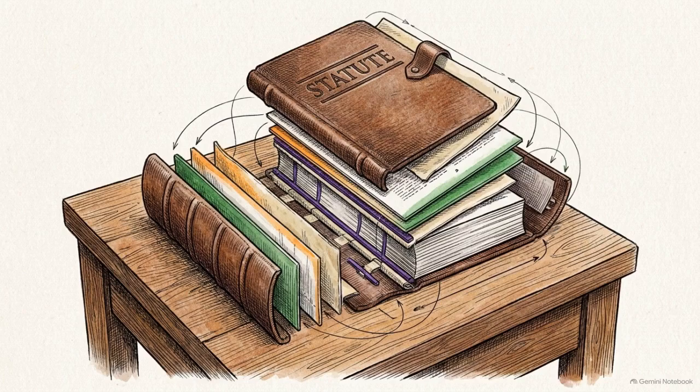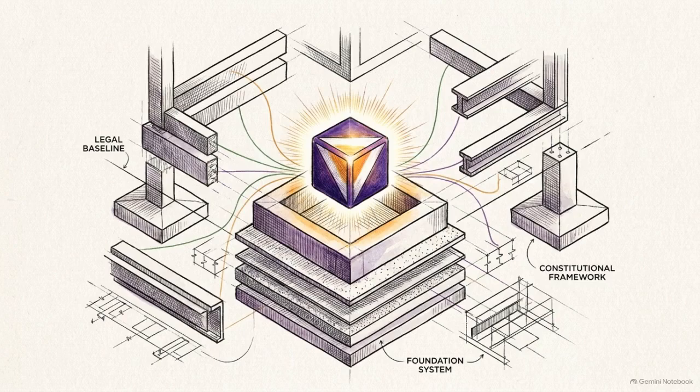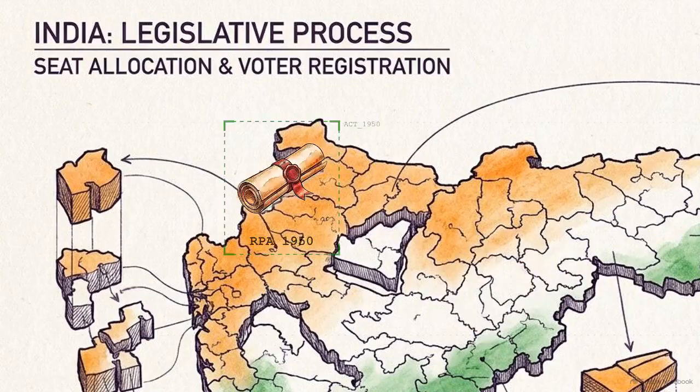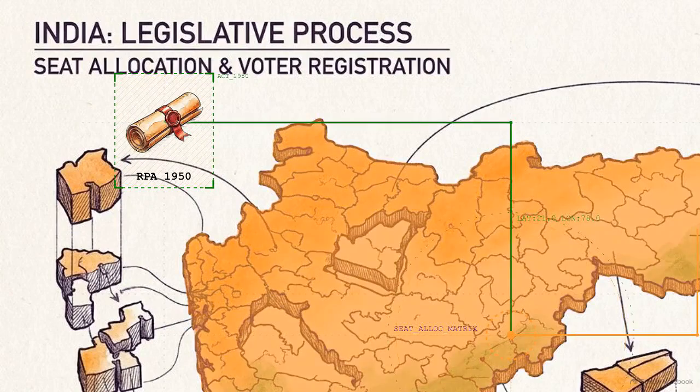Mathematical theory requires legal enforcement. To contain these numbers and prevent electoral fraud, the architecture relies on a series of rigid statutory laws. The baseline is the Representation of the People Act, 1950. This legislation builds the physical structure of the election by allocating seats and legally mandating the preparation of electoral rolls.